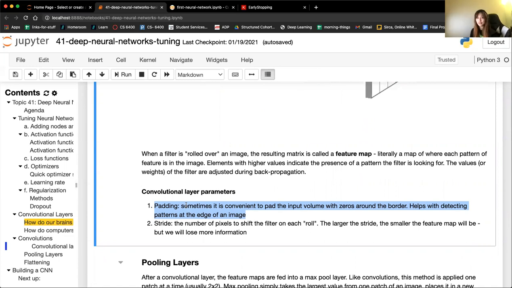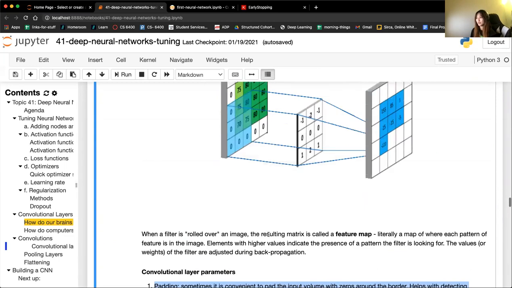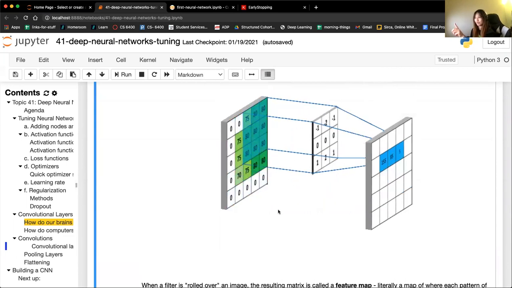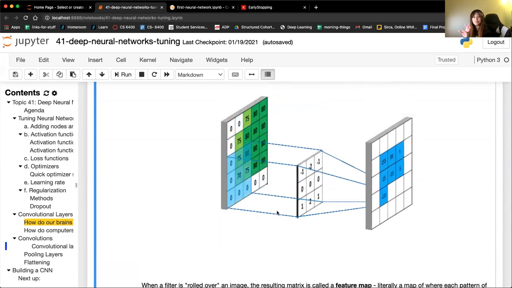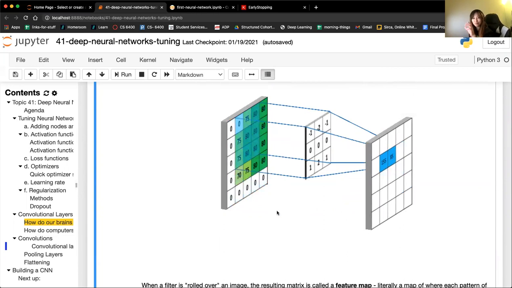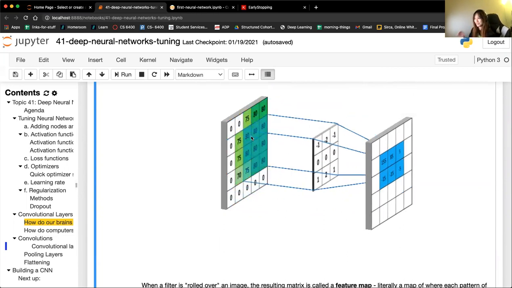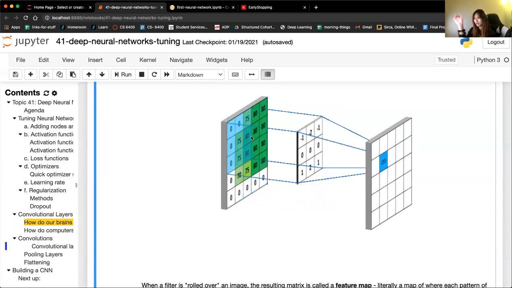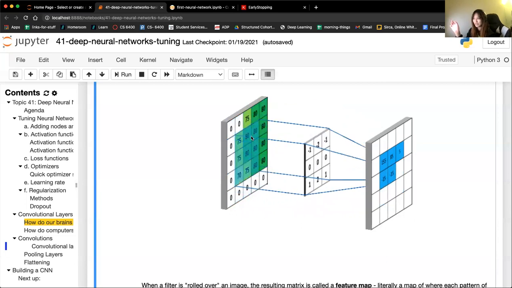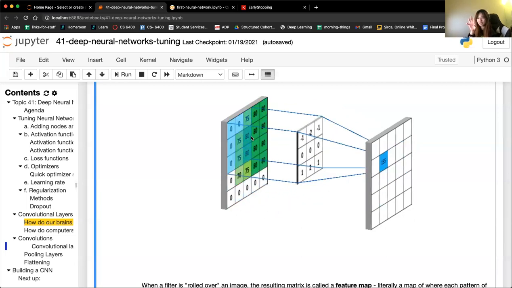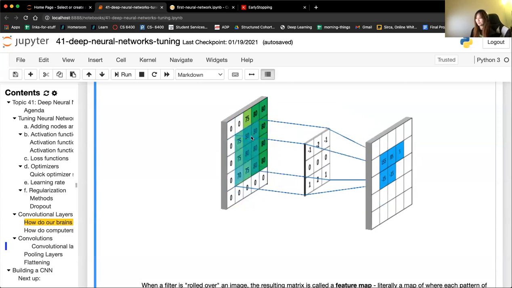Another thing that you can tune is the stride. The stride is the number of pixels to shift the filter on each roll. This is a stride of 1 because it's moving 1 pixel right and 1 pixel down. As it goes through one row, it only moves 1 pixel at a time, and every time it shifts downwards, it only shifts down by 1 pixel.